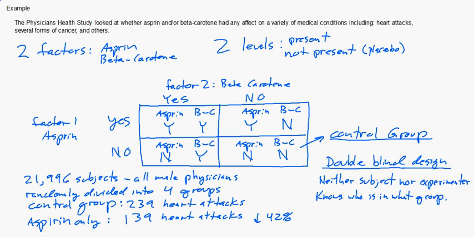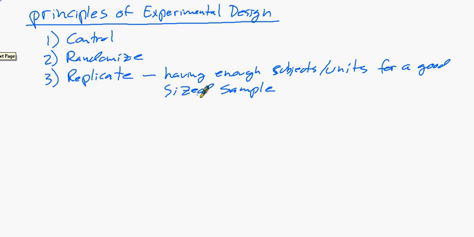If this study didn't have 22,000 subjects, but there were only 2 people in each group, would we be as sure about our results? No, not really, because with very small samples, just intuitively you would think there's probably going to be a lot of variation, because one small lurking variable is going to really throw things off. But with 22,000 split into 4 groups, it's the law of large numbers from probability. We want a good-sized sample.